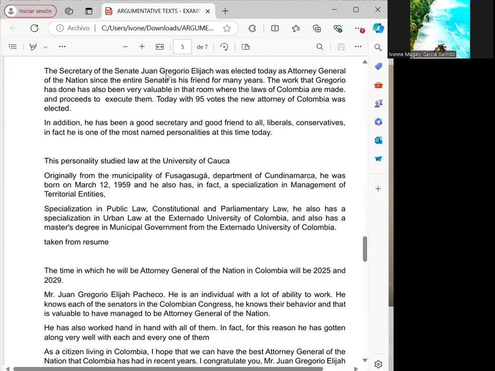And then I will need to introduce also, apart from this, which is my point of view, if I am the student, I am, let's say, with Juan Gregorio, I need to also add some reasonings about why this personality, Juan Gregorio, raises concerns as the General Attorney of Colombia.